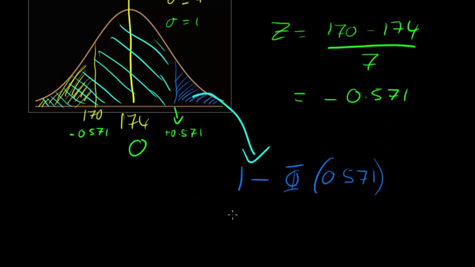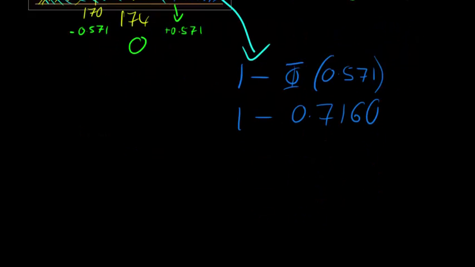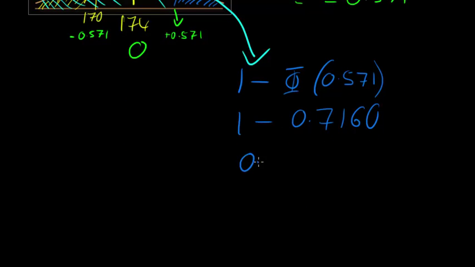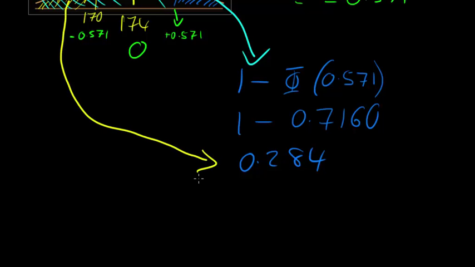So 1 minus 0.7160, and that should give me 0.284. And remember, the blue area is exactly the same as the little yellow area here, so this area should be that. Yeah. Let's check anything else.